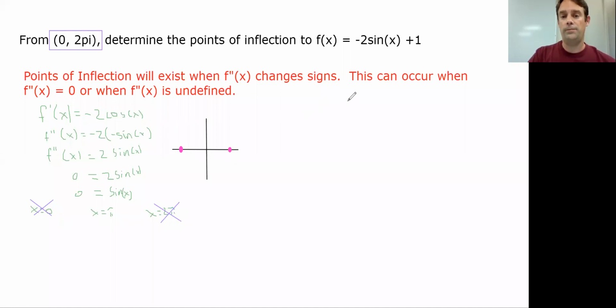So let's check it. I'm looking for a number between 0 and pi. How about, let's go with pi over 2. And one number between pi and 2 pi, let's go with 3 pi over 2.